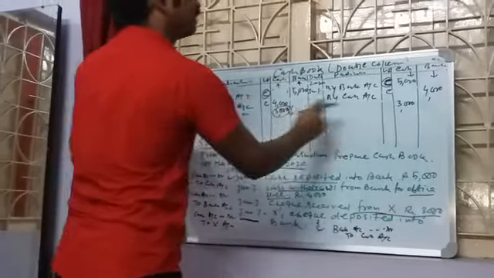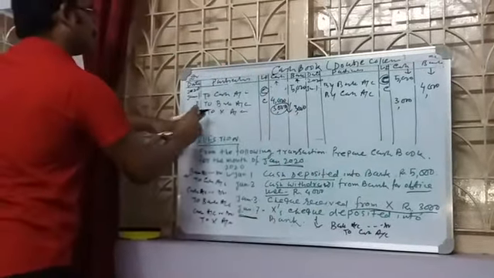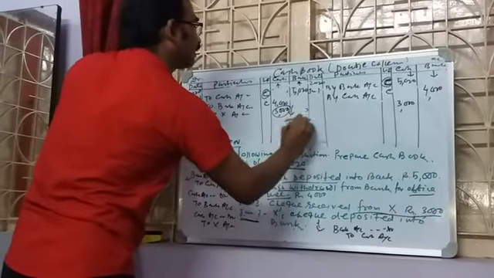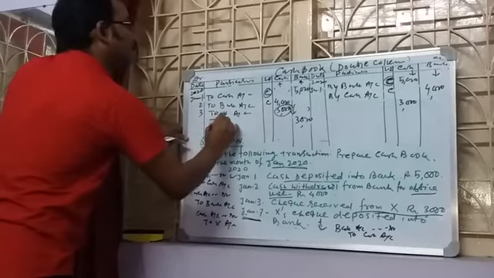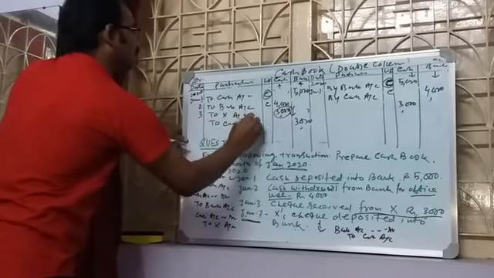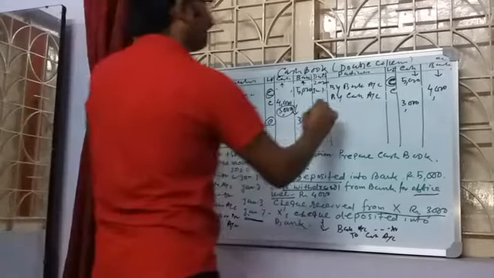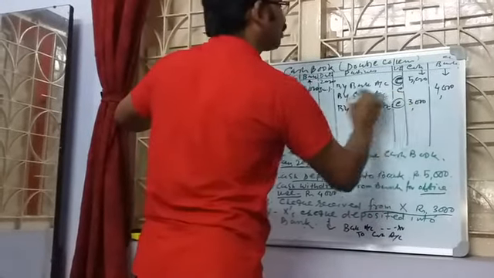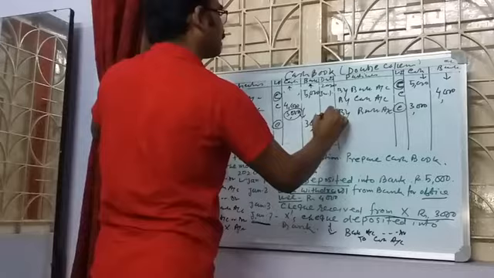Now you put 3,000 here. Now here you have to write to cash account. This is a contra entry. And here again you write by bank account. This is contra. Put the date 7.